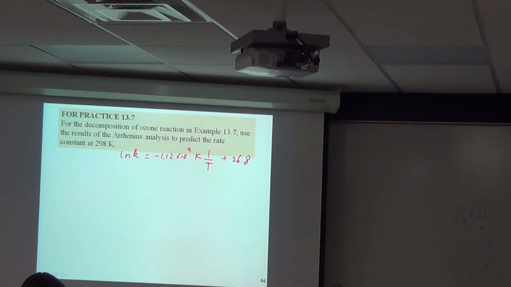So if you have the equation from the last slide, you just straightforwardly use this equation. Just make sure you understand this K is not a variable. You don't have any number for the K, just a unit.